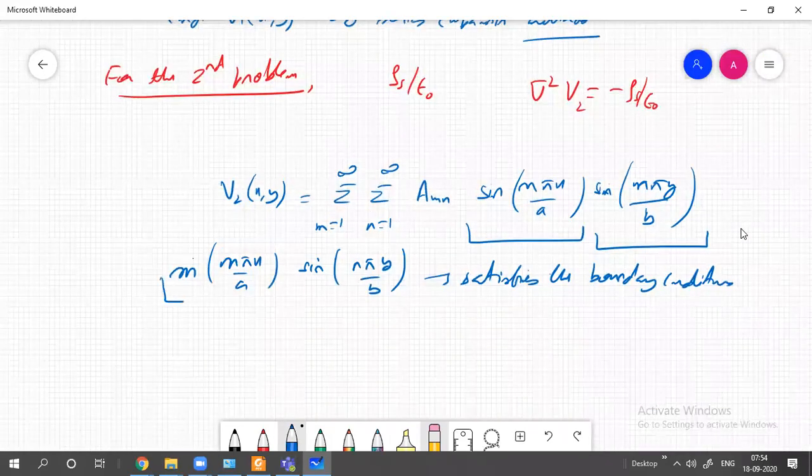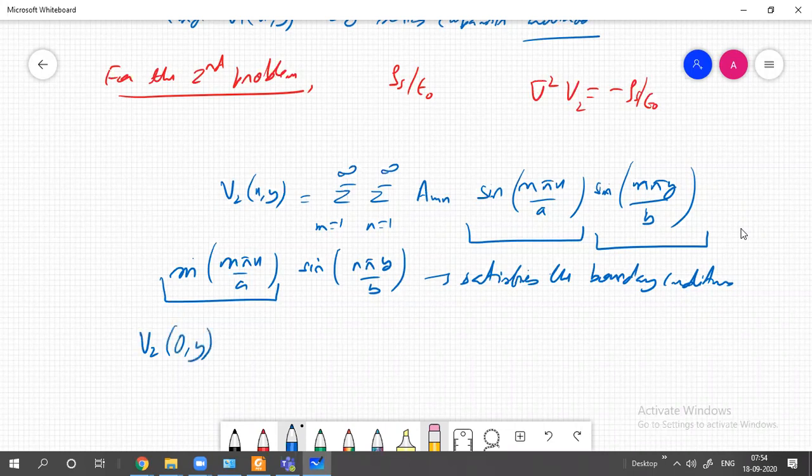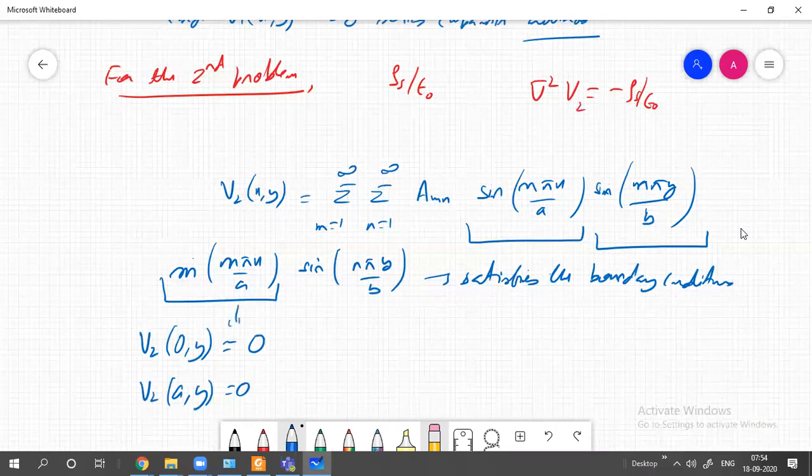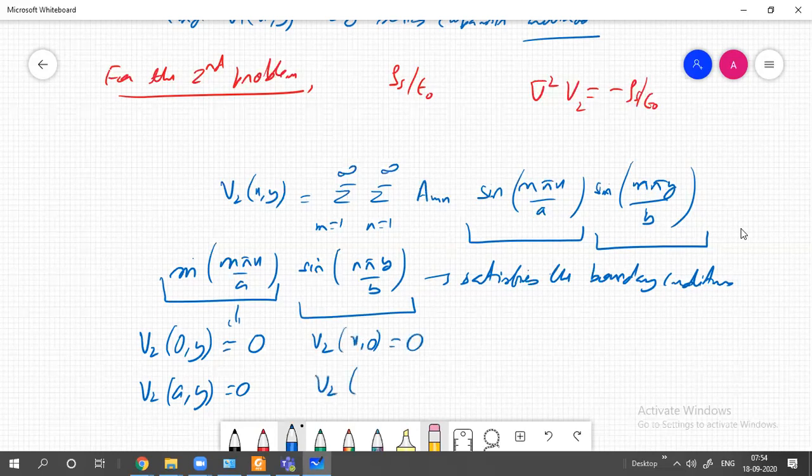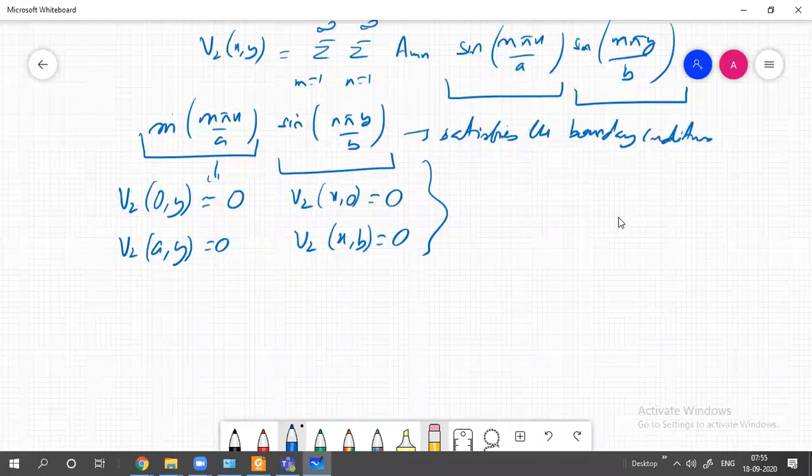This satisfies V2 of 0, y equals 0 and V2 of a, y equals 0. And V2 of x, 0 will be 0 and V2 of x, b will be 0. So by looking at it, you can say it satisfies both boundary conditions. Now our aim is to find A mn.